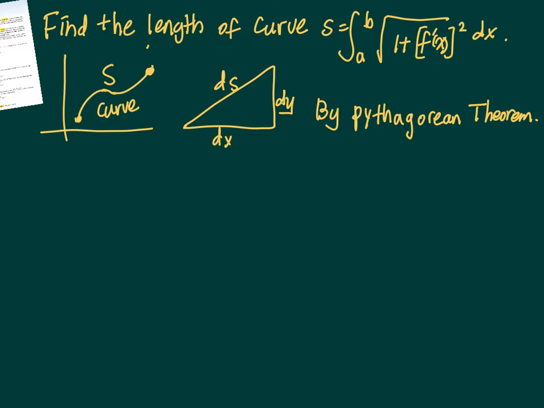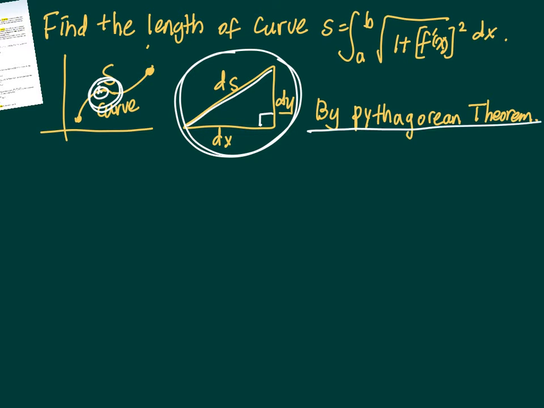Just assume you have a curve. It's a really smooth curve, but if you zoom in far enough, you will see a straight line, right? So let's assume we have a triangle there with the straight line. After zooming in on the smooth curve, we have dx, dy, and the hypotenuse is ds.